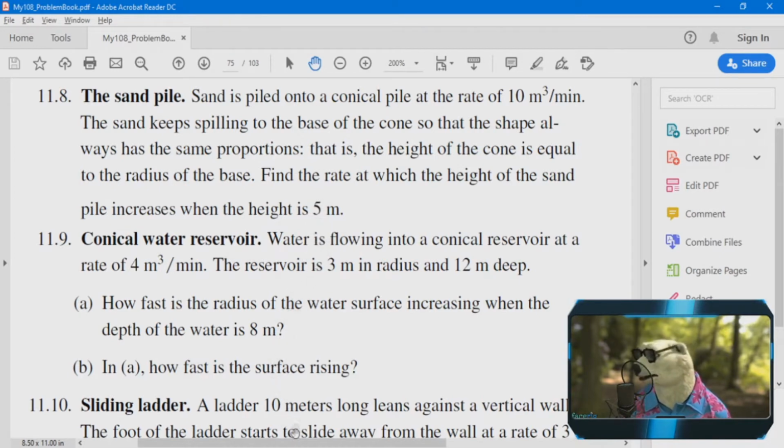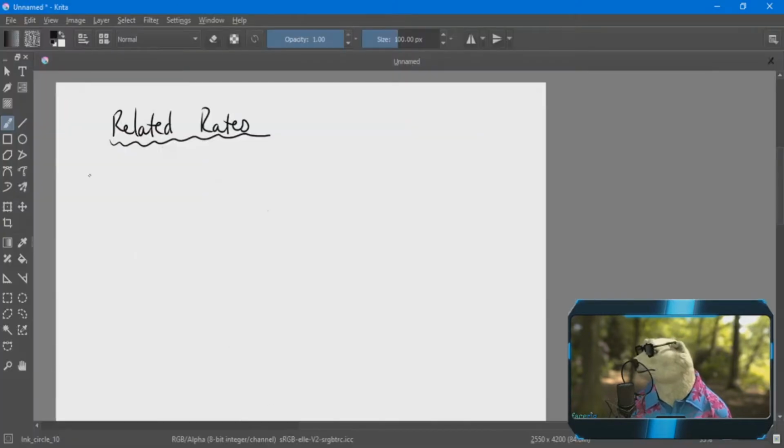So let's number this 11.8. So I want to picture a cone. So let's get a circle, a little flat circle for the base. And then the cone goes straight up to the center.